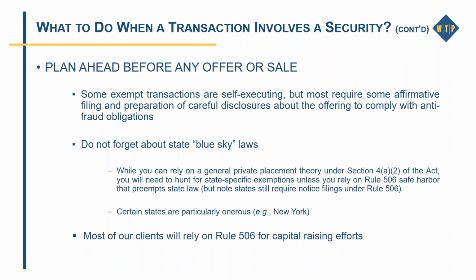Even if you do have an exempt transaction, while some transactions are self-executing, meaning you don't really have to do much to rely on the exemption, many of them require some affirmative filing. 506, as I mentioned, requires filings. It requires a filing at the federal level. It requires filing at the state levels in most states.